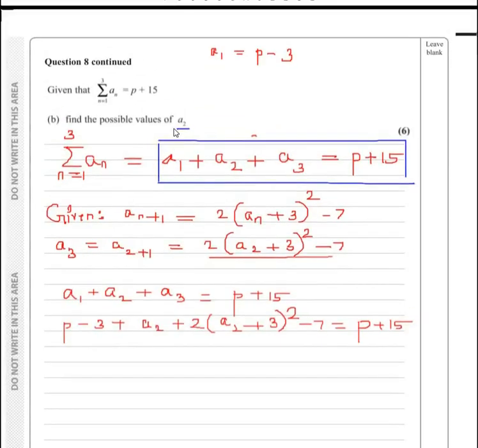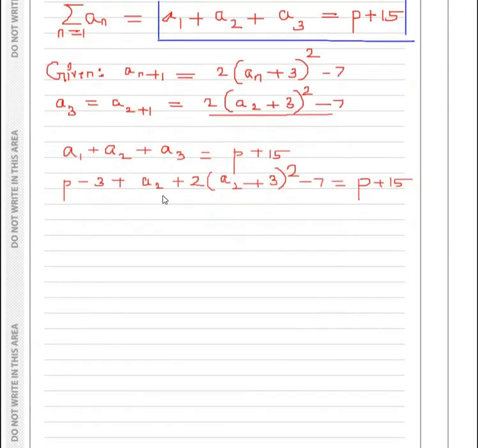Remember, we are solving it for a2, so we have to get all the terms in terms of a2. Now, as we can see, p is on both the sides, so we can just cancel them.